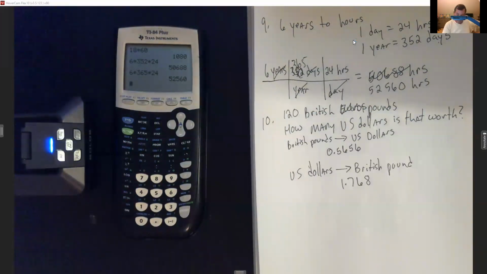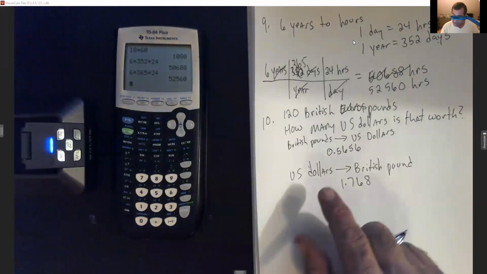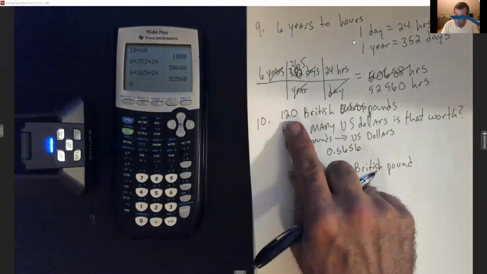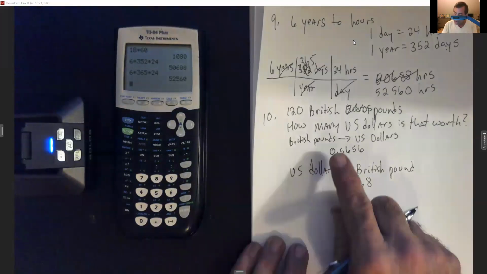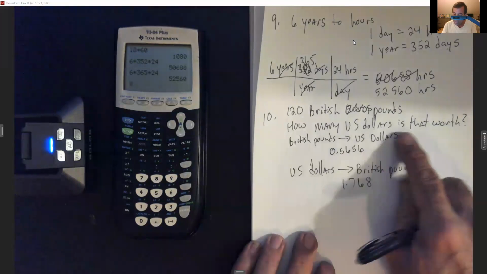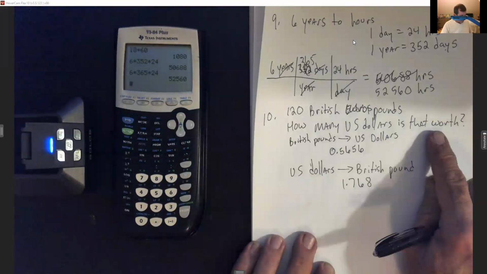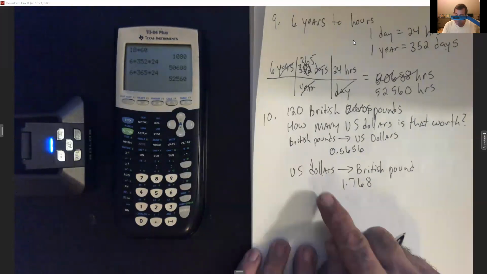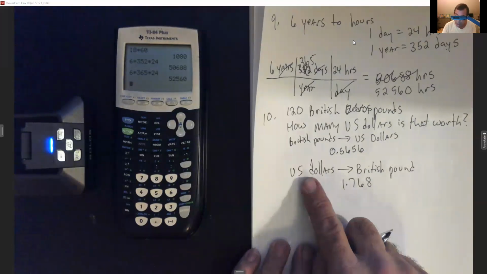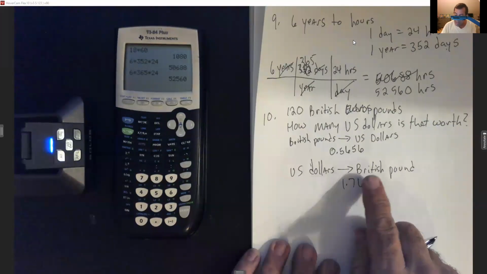Right, y'all, so let me get my pages right. All right, so let me see. Now, what was I asking? I had 120 British pounds, and I want to know how many US dollars is that worth, okay? So I want to know how much is my US dollars per British pound.